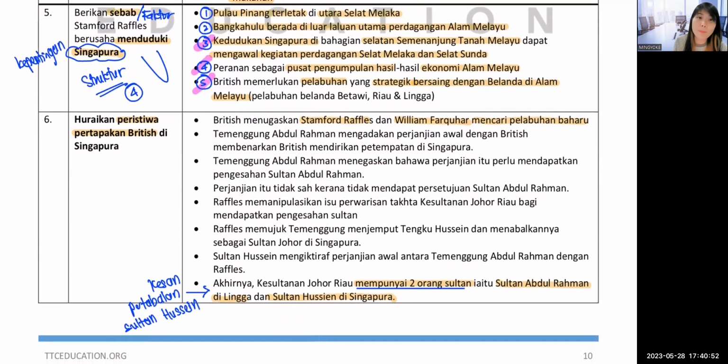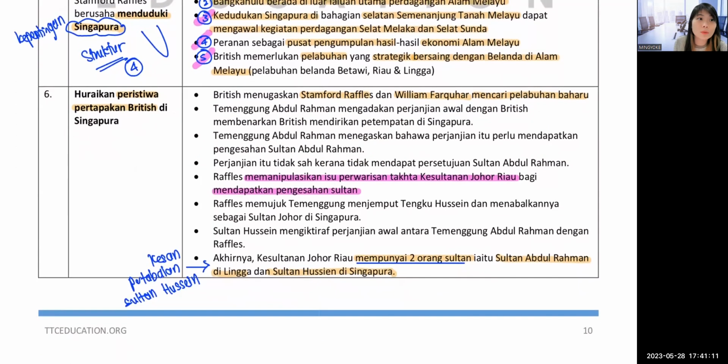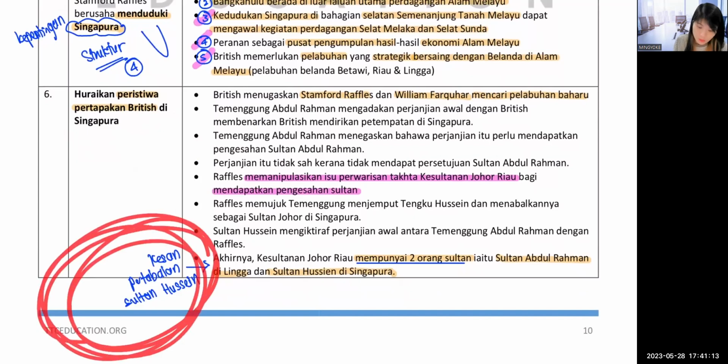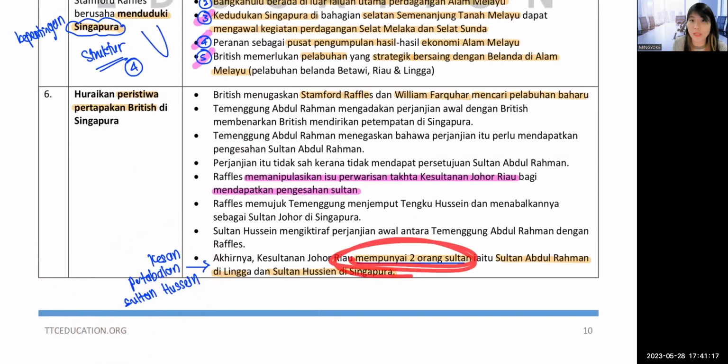And therefore, the problem is Sultan Abdul Rahman did not agree. So the British had to use manipulasi isu pewarisan takhta to get the approval. And that's the kesan: Sultan Hussein became the king. Consequently, we have 2 Sultans.